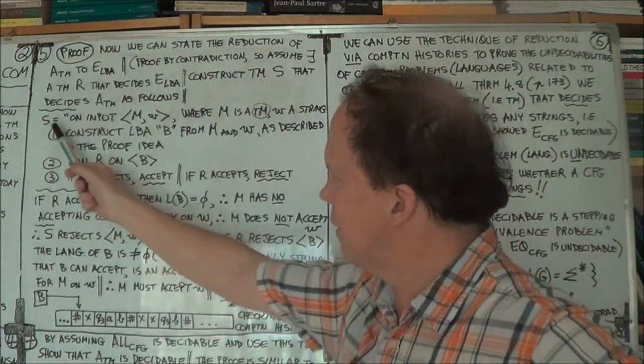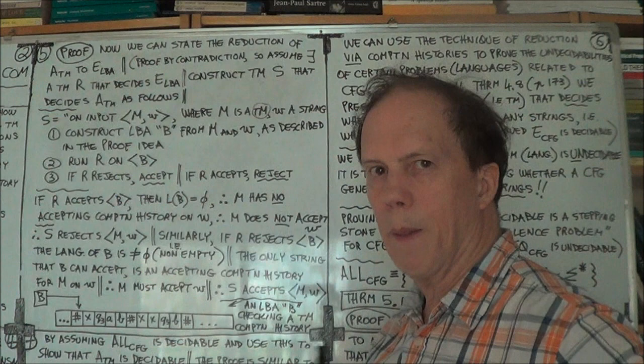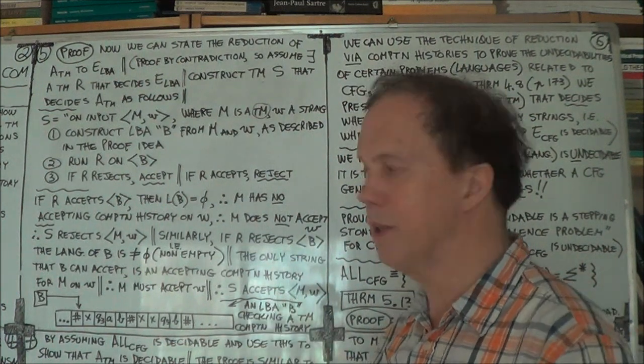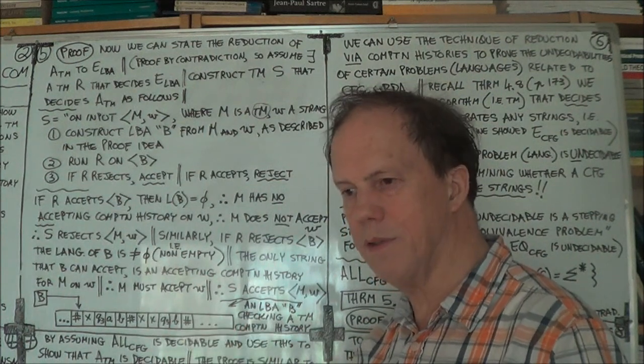Well, that means for whatever the string is, S is either accepting or rejecting. By definition, that means that S is a decider, because it's never looping.